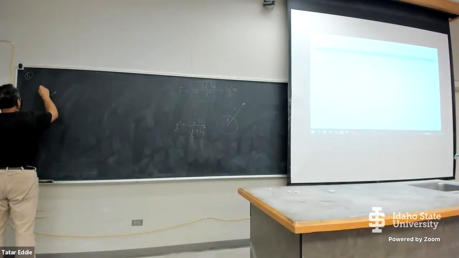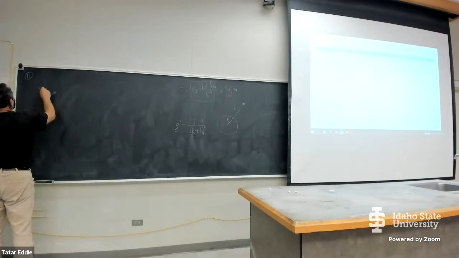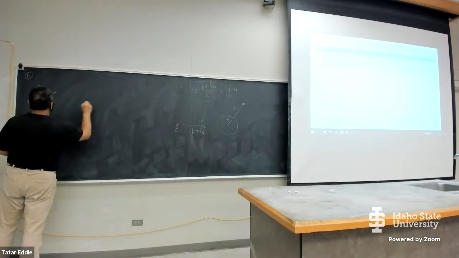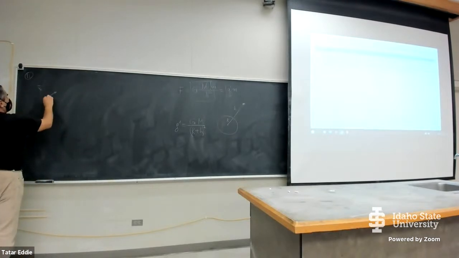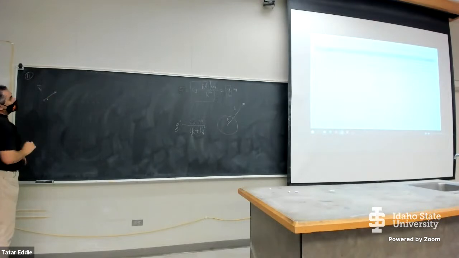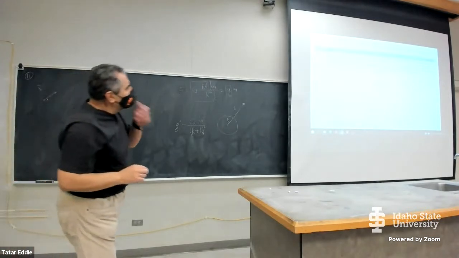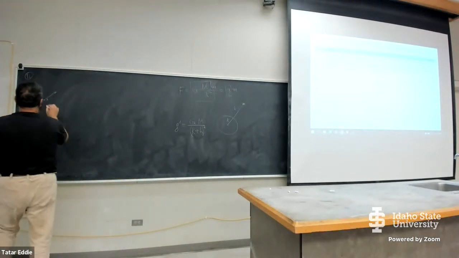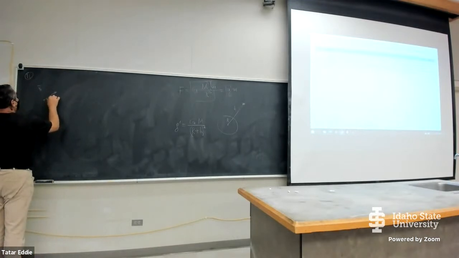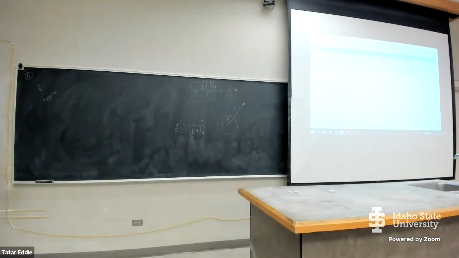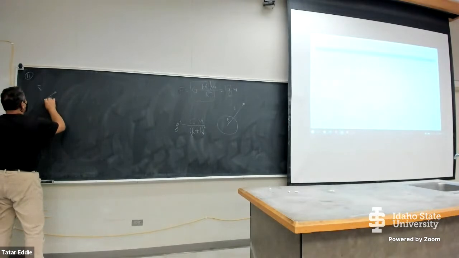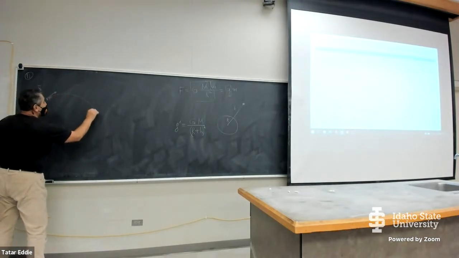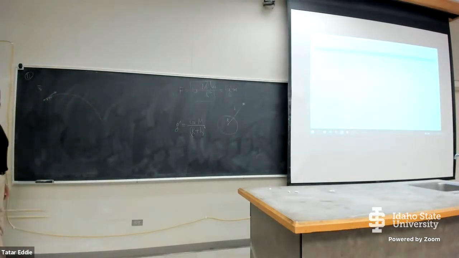So the initial velocity of the fuel tank is going to be V naught, and this angle from the horizontal is going to be 15 degrees, like this, right? Now the trajectory of this fuel tank is like this. It will keep going up and eventually it's going to fall like this, right?